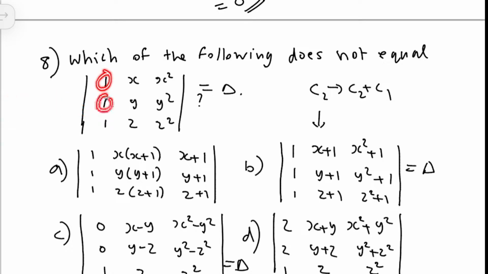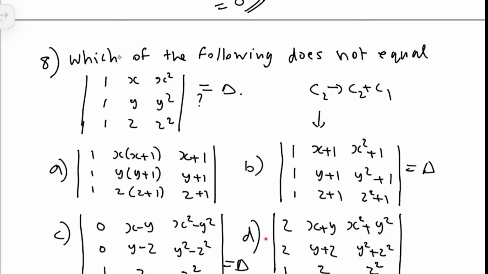So 1 plus 1 we get 2, then x plus y here, then x square plus y square here. In a similar way, R2 is R2 plus R3. That is adding these two, I am getting this, then y plus z, and y square plus z square.